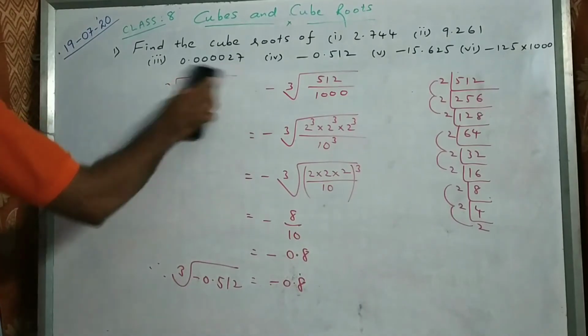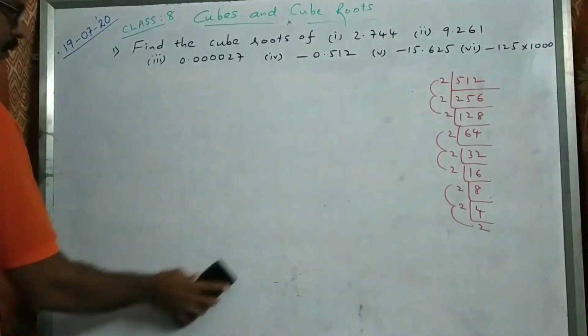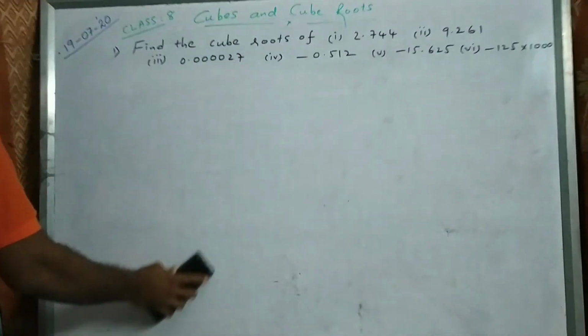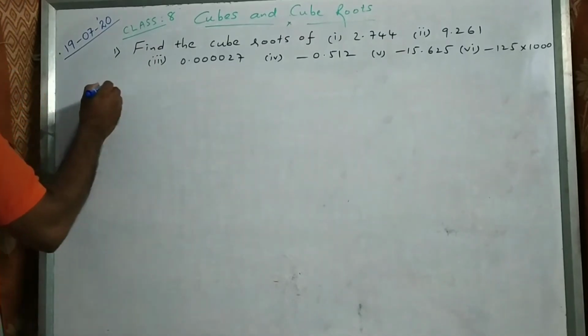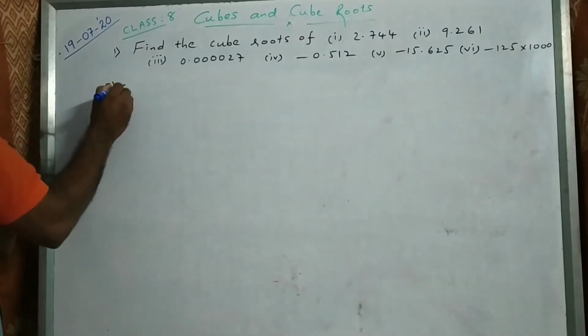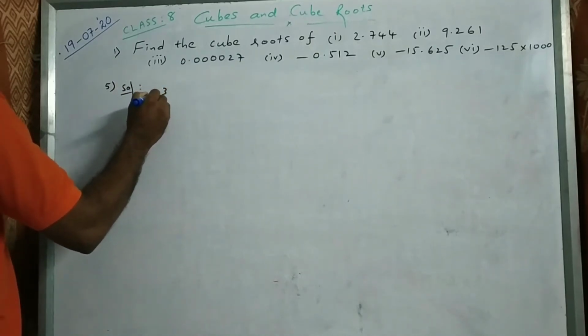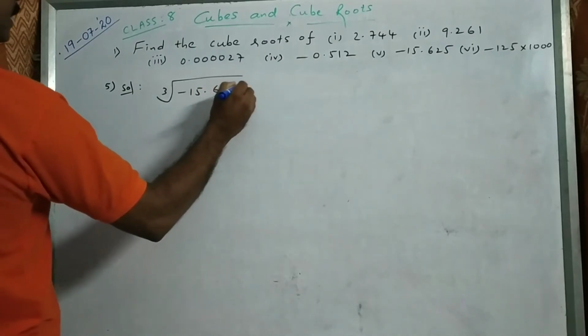Fifth one, see. What is the cube root of minus 15.625?